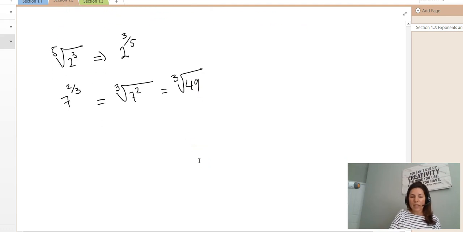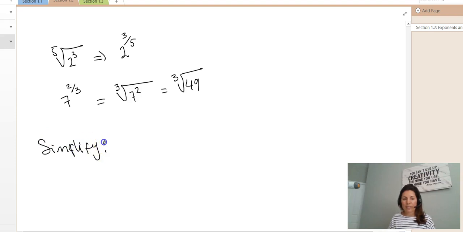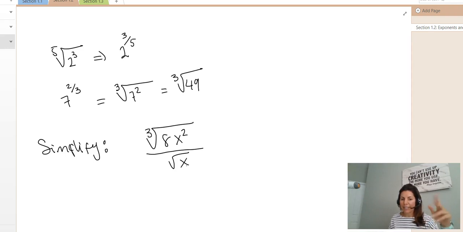And so we can simplify some expressions. For example, say I want to simplify the cube root of 8x squared over the square root of x. So this is something where you have a mixture of indices. So you have a cube root and then you have a square root.